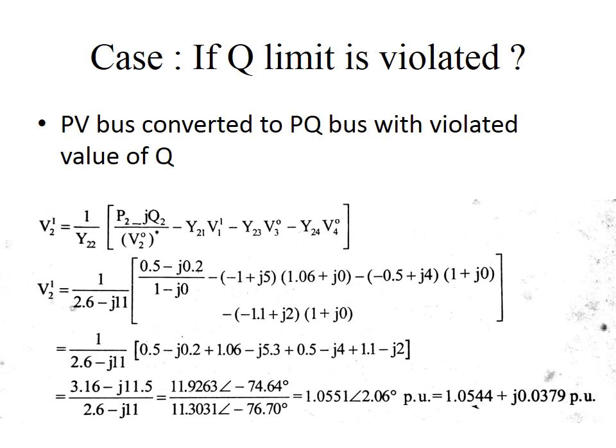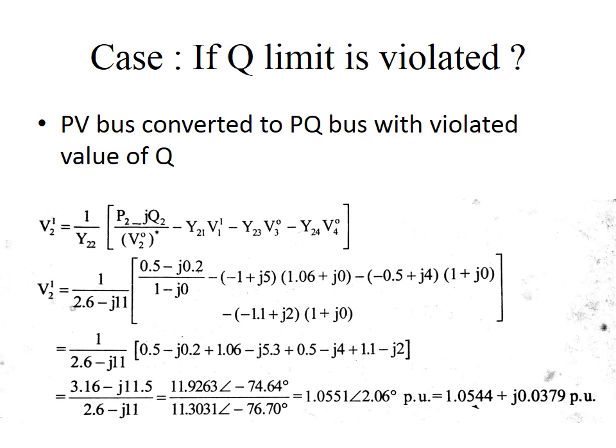But the P and Q values are considered as positive for bus number 2 because it was previously a generator bus and it gets converted to a PQ bus.